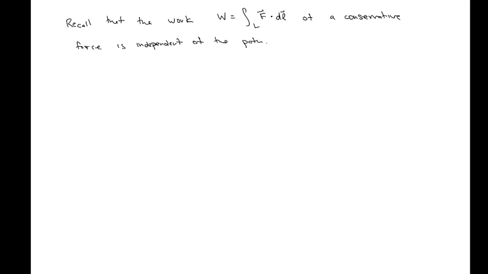And the example always was, if you take an object from A to B and it's just feeling the force of gravity along that particular path, it didn't actually matter how you moved it along that path, you'd still be doing the same amount of work. It would be changing its potential energy by the same amount. So for example, gravity is a conservative force.